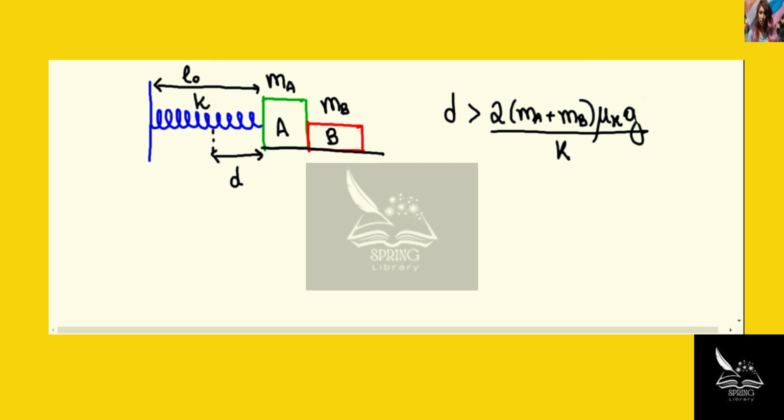We also need to find the distance that the blocks slide on the surface before they separate. In the formula for D, mu K is the kinetic friction coefficient.